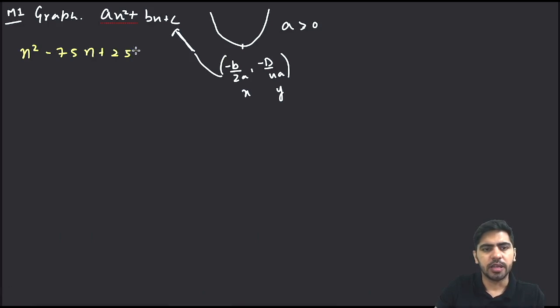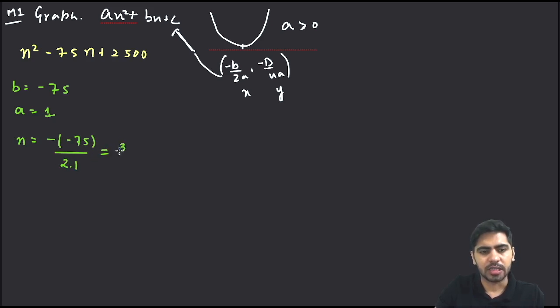Now if you compare it with ax square plus bx plus c, then I can say the value of b is nothing but minus 75, and the value of a is nothing but 1. So the value of n at which this quadratic will be minimum is minus b, that is minus of minus 75 upon 2a, which is 2 into 1. So this value comes out to be nothing but 37.5. So if I substitute the value of n as 37.5, I'll get my minimum profit.